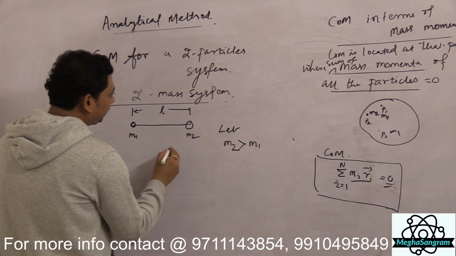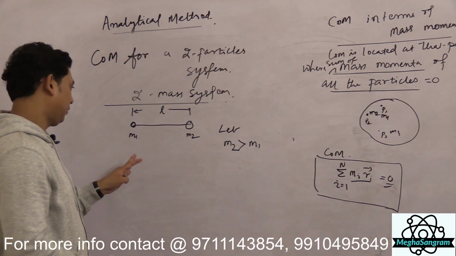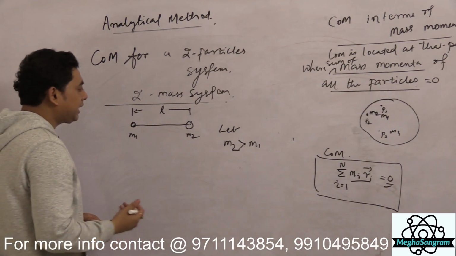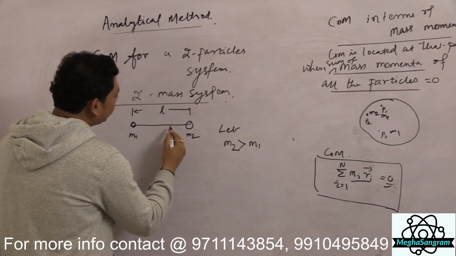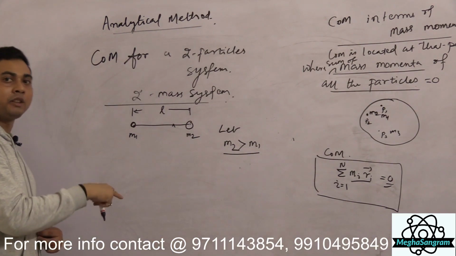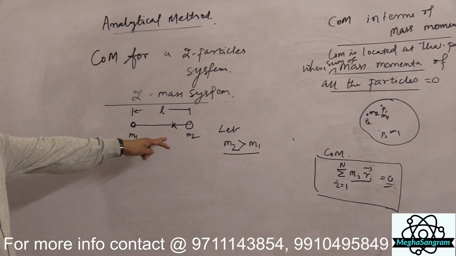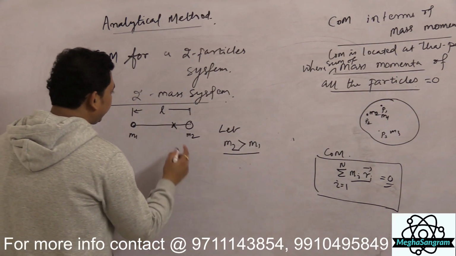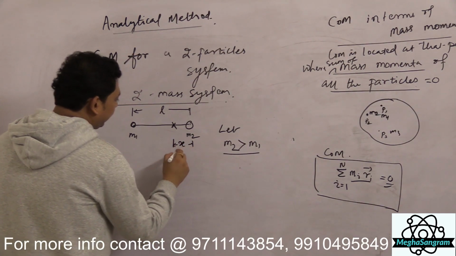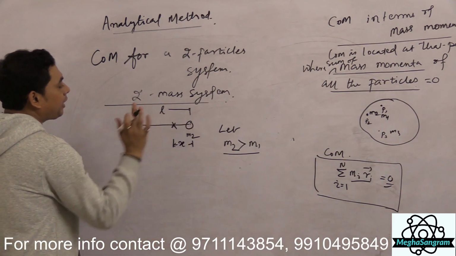By the observation method, what I told you was, if we have a non-uniform system, where the masses are not the same but different, then the location of center of mass is somewhere near the heavier one. You can see here m2 is greater than m1, it is given in the question, therefore we are assuming that this is the approximate location of center of mass. All right, let us say that the center of mass is located at x distance from m2.